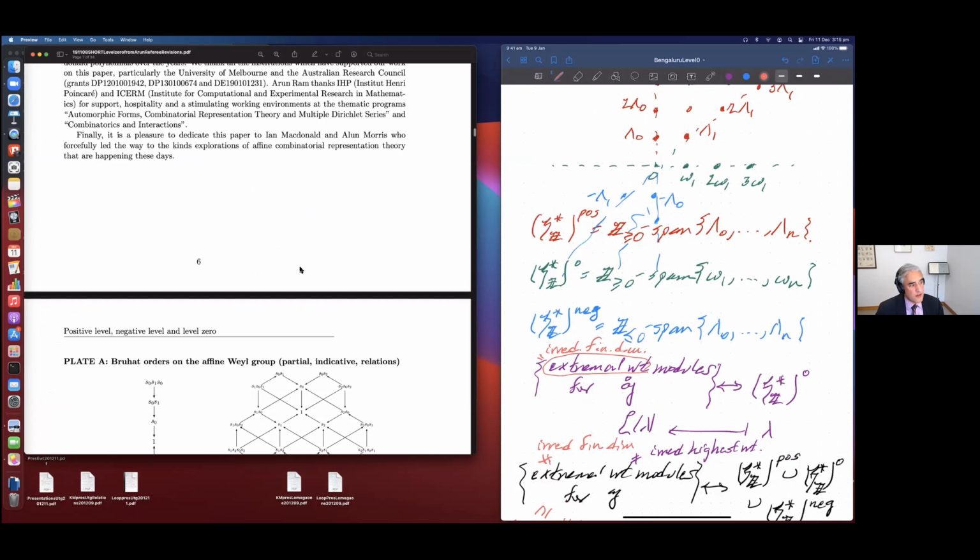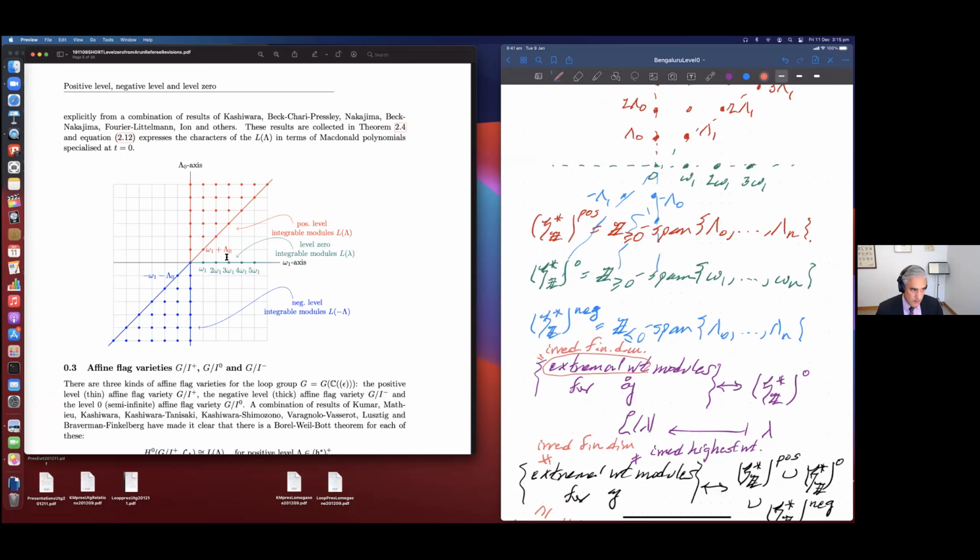Yeah, this is the indexing set for my integrable modules. If you ask me to think of a module, I think of one of these dots, and each one of these dots will index my modules.